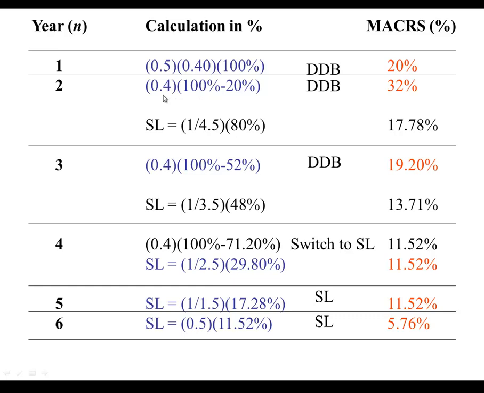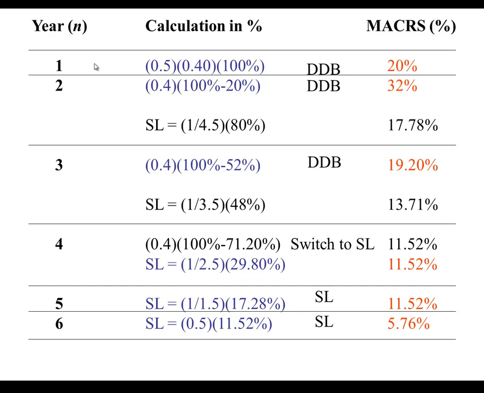Now, in the second year, using the 40% multiplied by the leftover, which is 100% minus 20%, at that point, that's 80. So 80 times 0.4 will give us 32%. Switching to the straight line, we multiply by the leftover period. We took half a period, half a year, so the left is 4 years and a half.